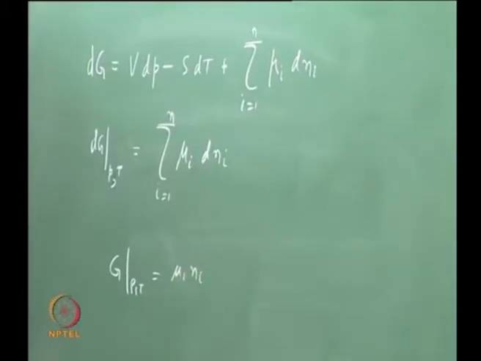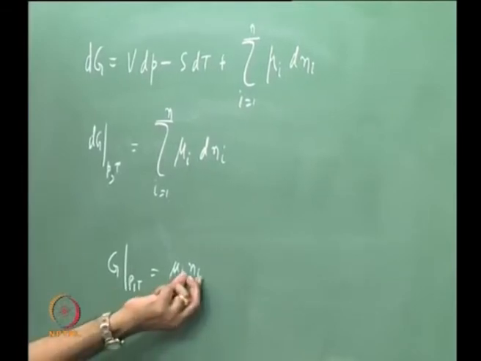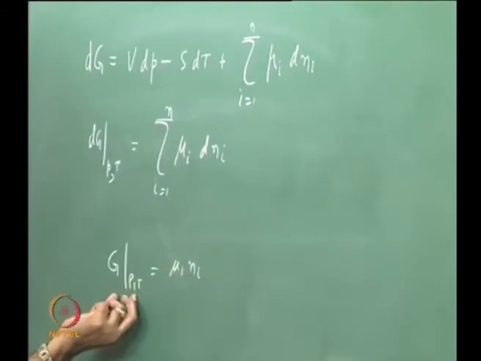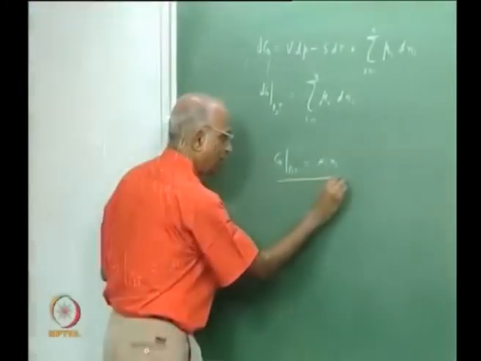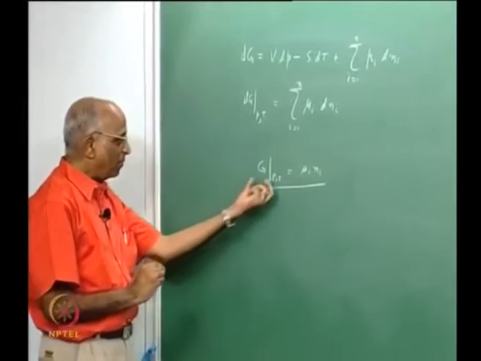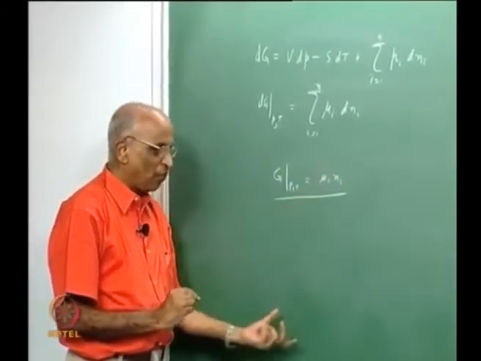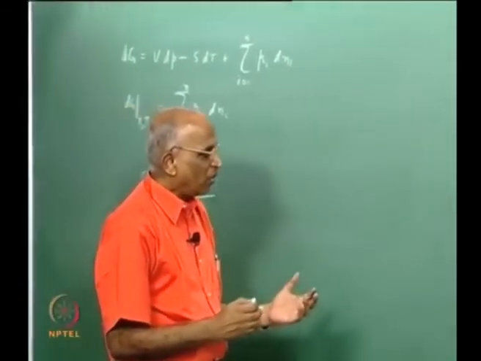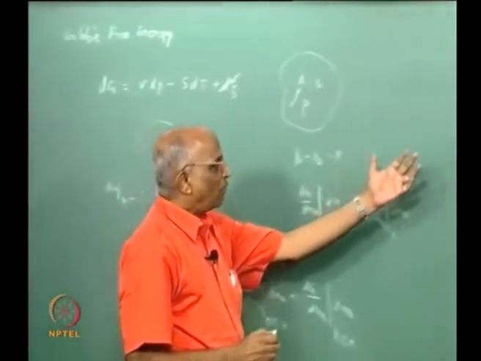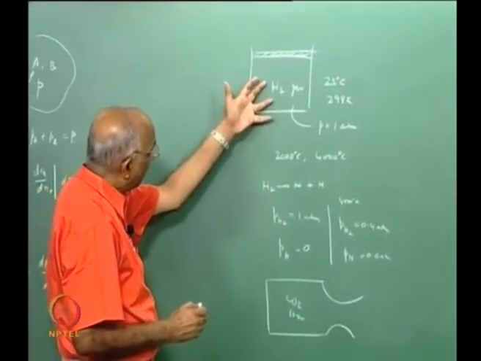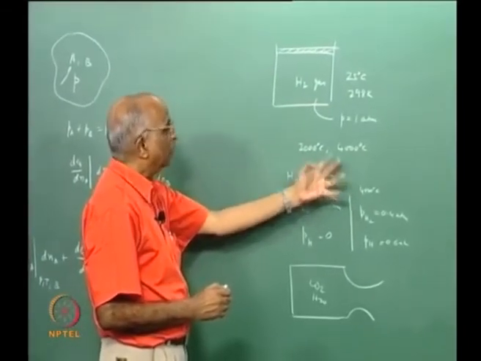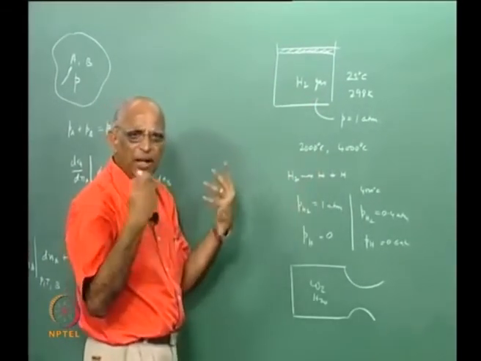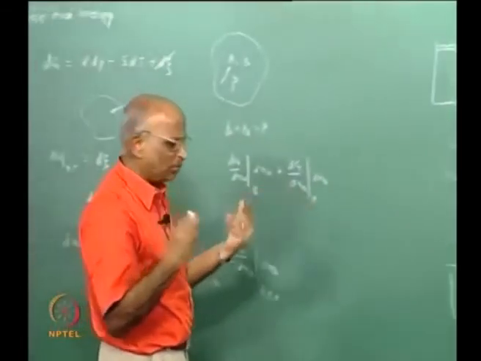Summation is over all i's. Chemical potential into the number of moles is giving me this at constant pressure and temperature. We will define it, and we will make use of this to formulate the number of moles of hydrogen molecule and dissociated hydrogen atom which are formed over here, and extend it to any possibility.